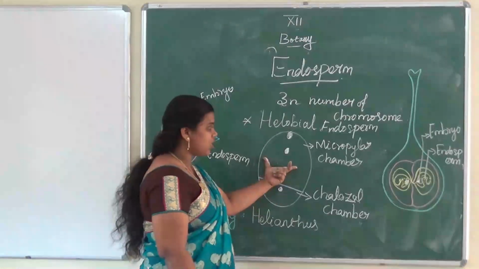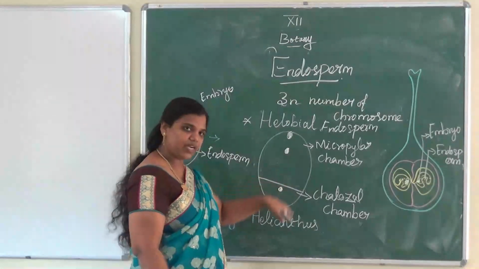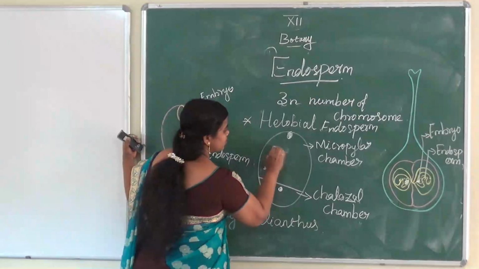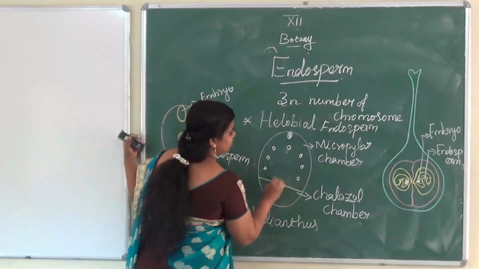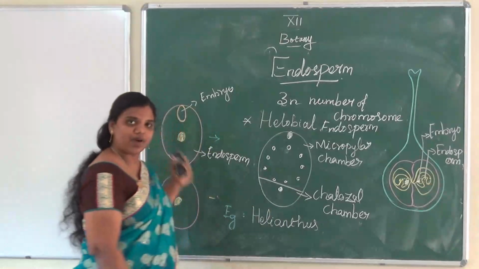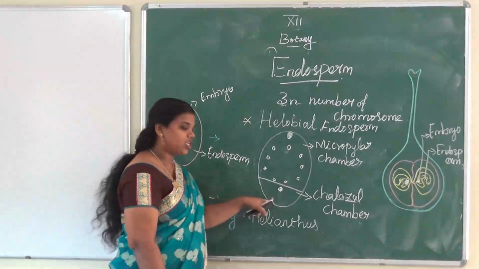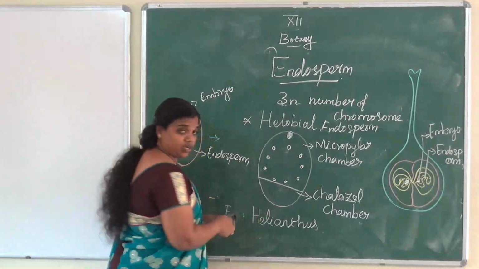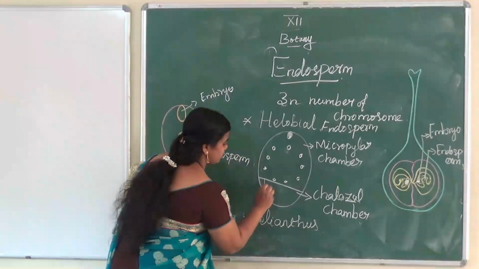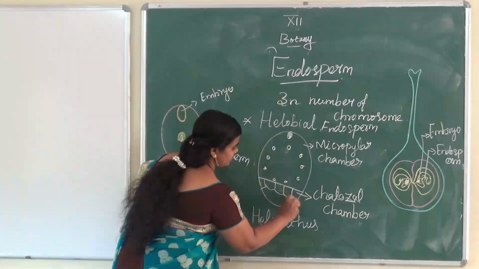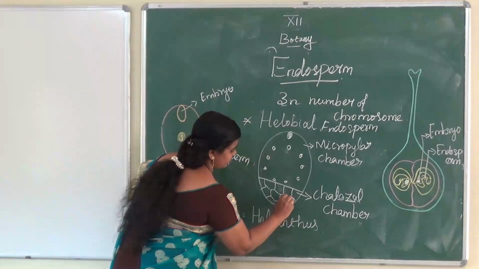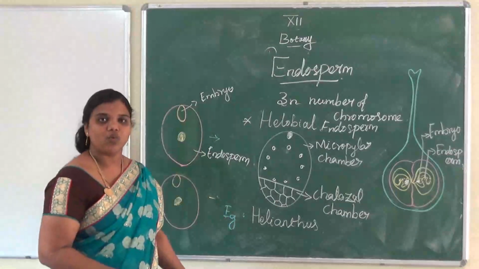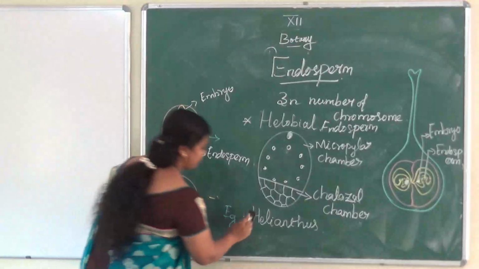In the micropylar chamber, the nucleus is divided to form several nuclei but without cell formation. And then the chalazal chamber nucleus is divided. Example, hybrid.